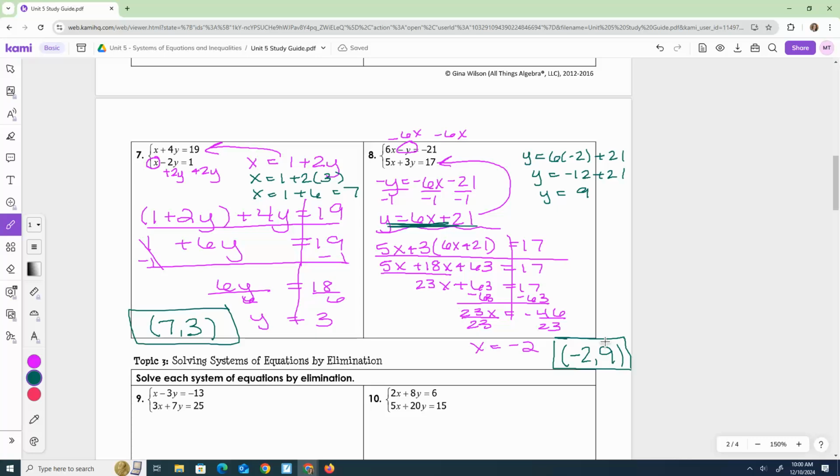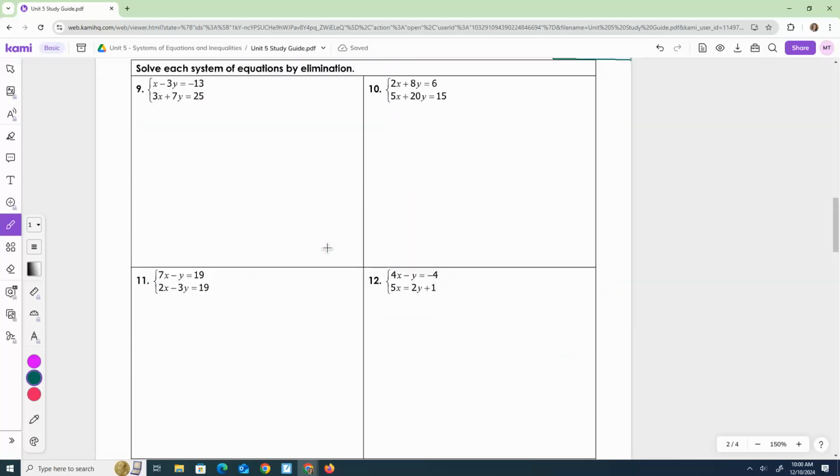Okay, so elimination, if I say to do elimination, our goal is to be able to add the equations and get something to cancel. In order for that to happen, they have to have the same coefficient but opposite signs. So if I want x to cancel, what would I take the first equation times? Negative 3.